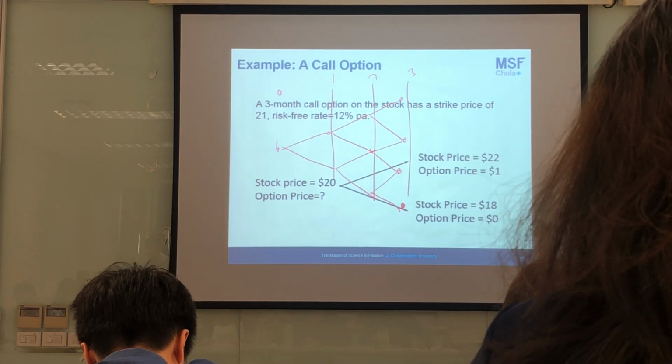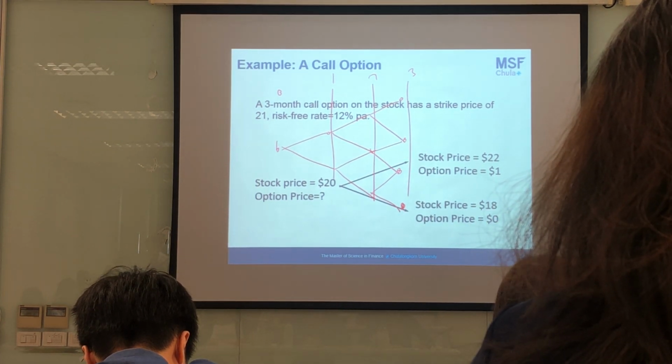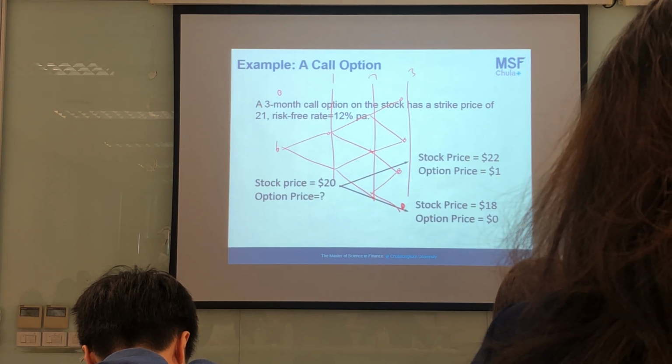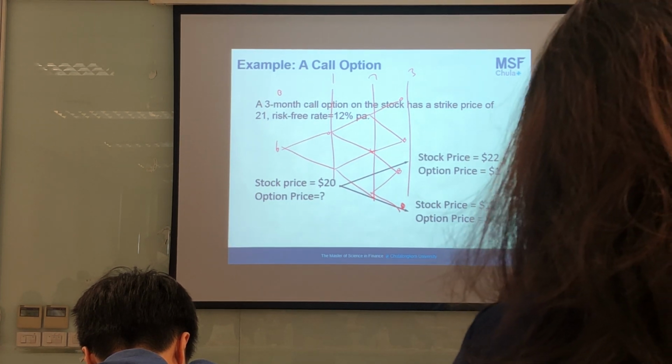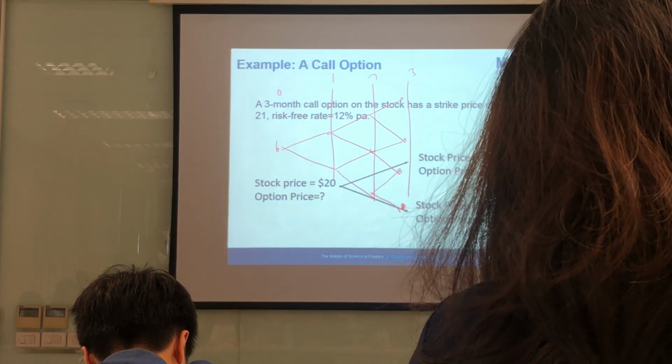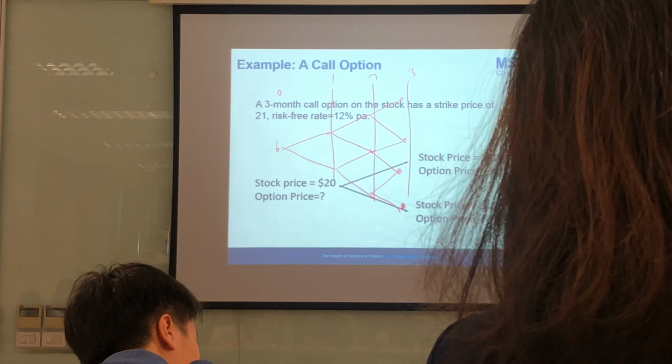So this is just a very large step. The option value for this would be very rough, but it just gives you the idea of how we can estimate the value of the option.